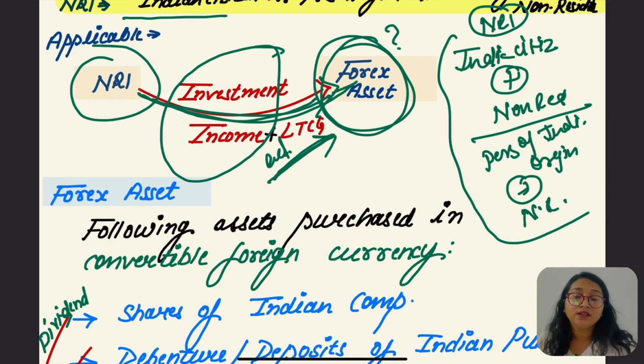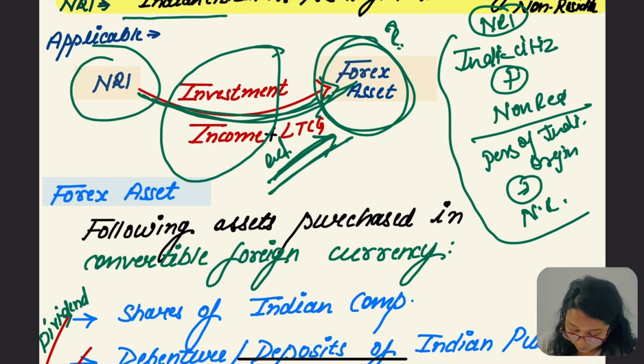When the NRI transfers the foreign exchange asset, investment income and capital gain arise. This section is only going to apply in case of long term capital gain.